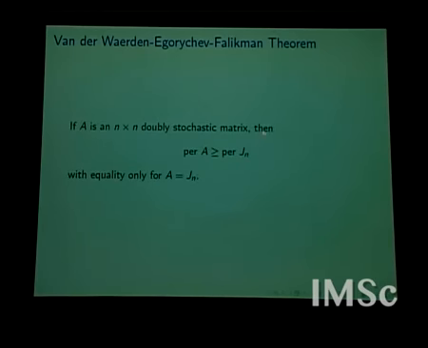That is not difficult to prove, because Jn is a rank 1 matrix, and it's easy to show that A dominates Jn. And because of what I said earlier, that if A dominates Jn in the Loewner ordering, then the permanent of A is greater than or equal to the permanent of Jn. So something which is non-trivial for non-negative matrices becomes easy when you specialize to non-negative matrices which are positive semi-definite.